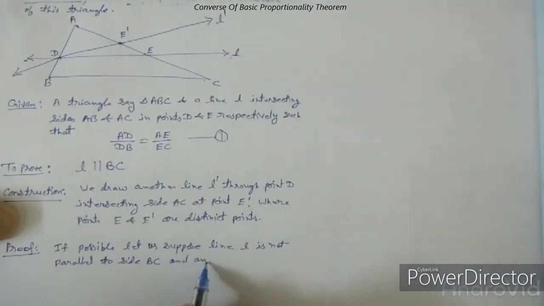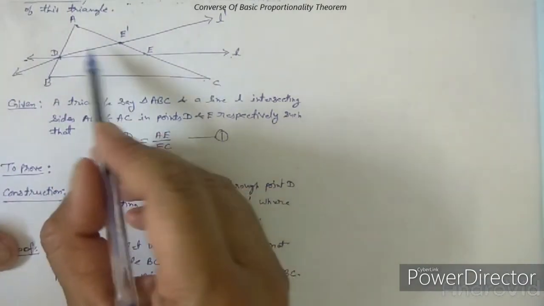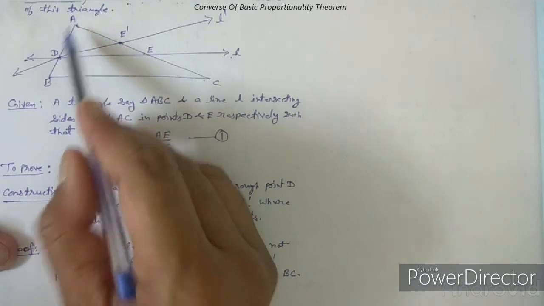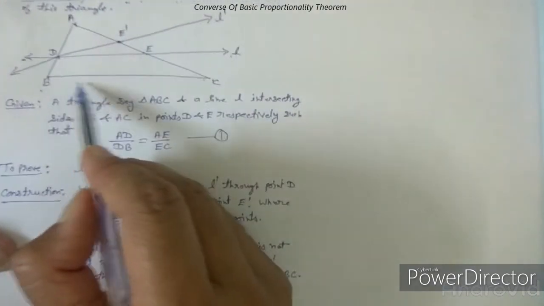So we can use basic proportionality theorem in triangle ABC. Here line L dash is assumed to be parallel to side BC.